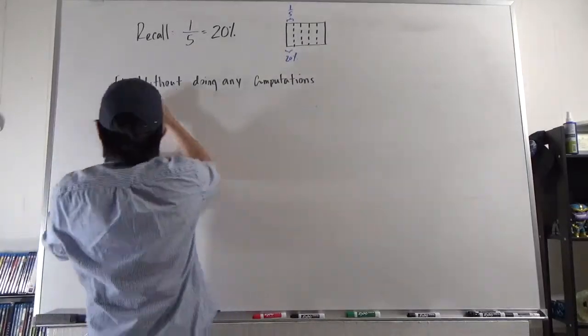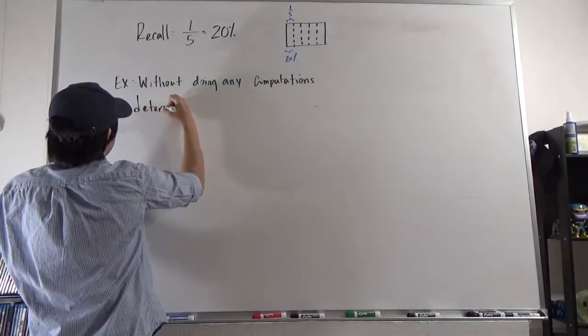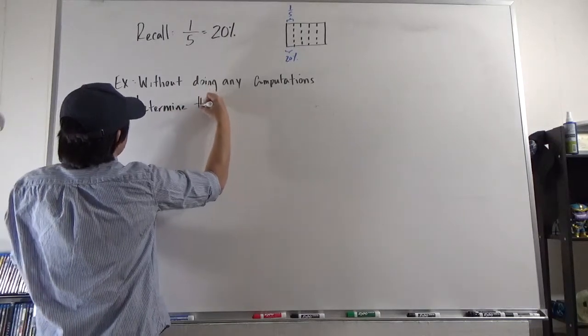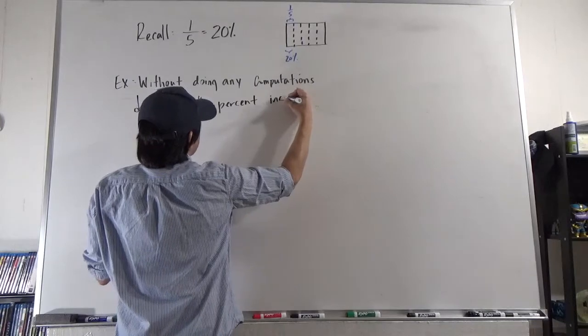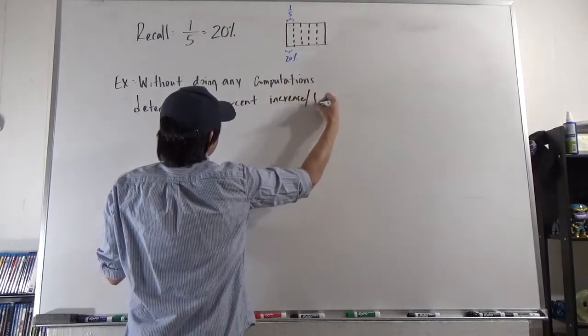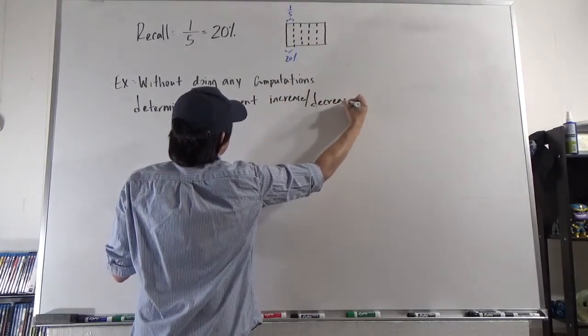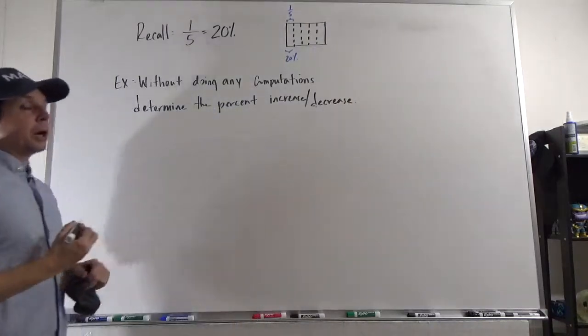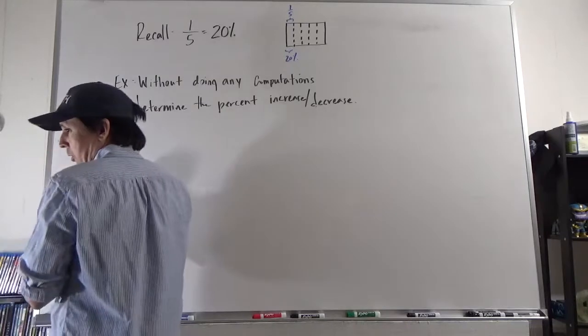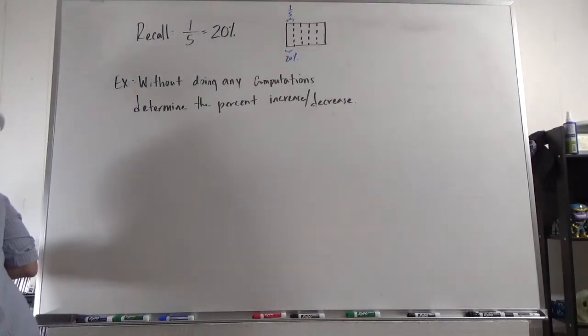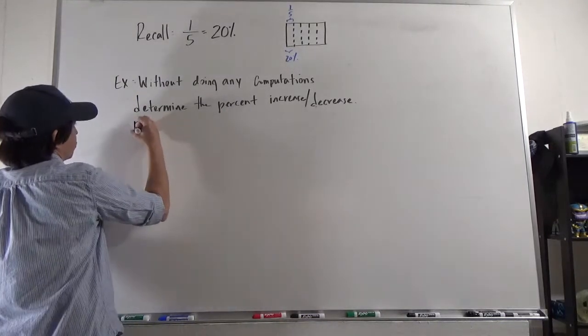Determine, not calculate, because we're not going to calculate, the percent increase or decrease. I also mentioned, even though it may be obvious to all of us, I would like you to specify whether it's an increase or a decrease. So be sure to specify, or be sure to indicate.